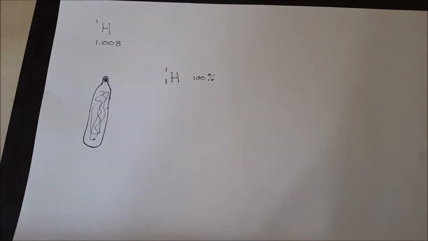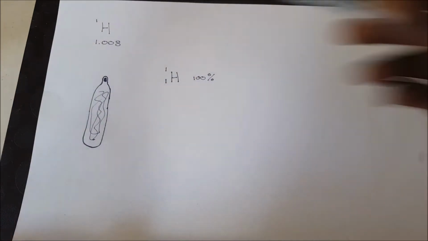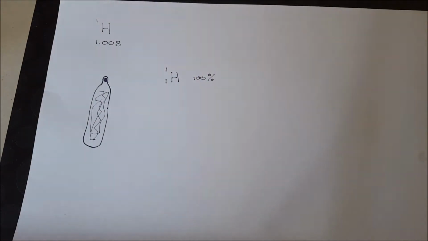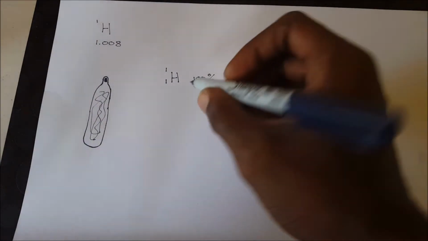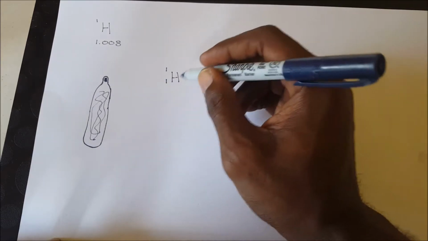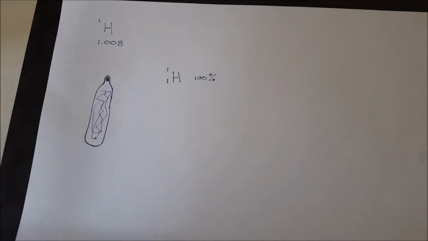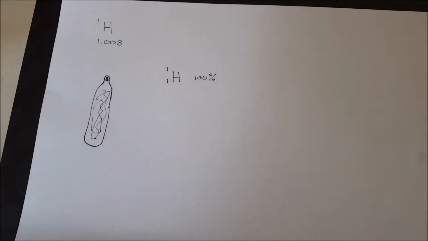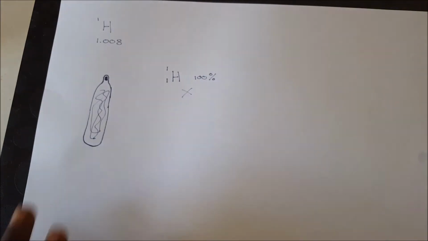If I give you a cylinder of hydrogen, we assume that there's only one type of hydrogen inside of this cylinder, being the hydrogen that we know. We assume that the hydrogen inside of the cylinder has 1 proton, no neutrons. That's what we assume, right? But our assumption is actually very wrong.